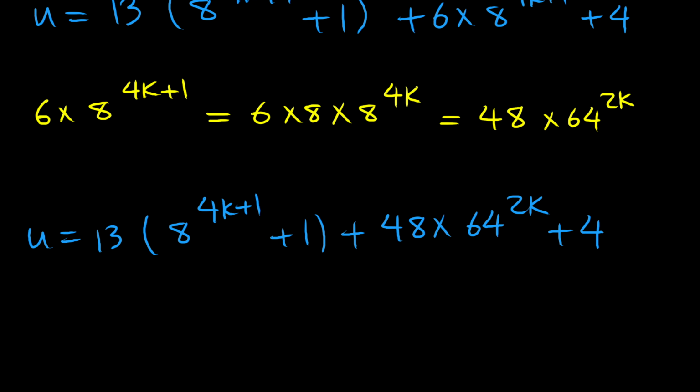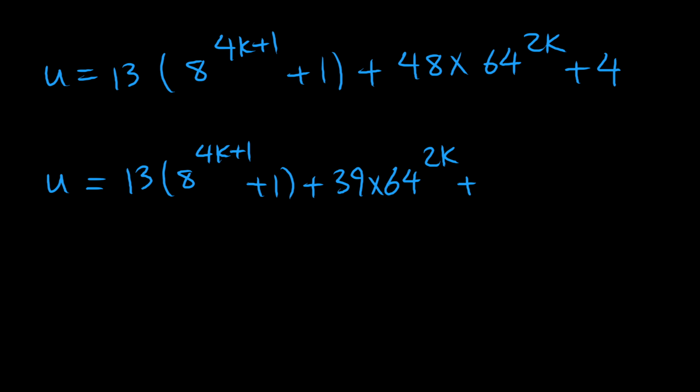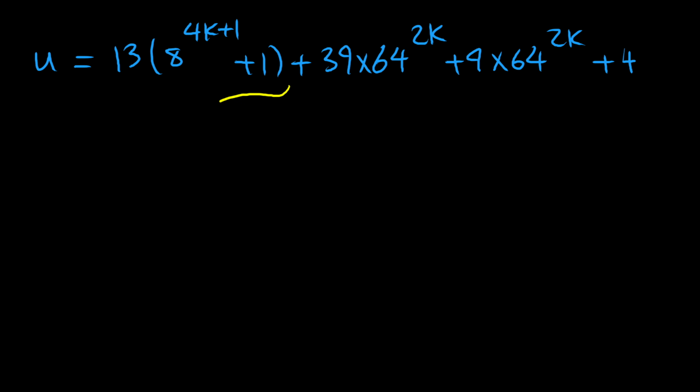So we're going to have u equals 13 times 8 to the power of 4k plus 1 plus 39 times 64 to the power of 2k plus 9 times 64 to the power of 2k, and then plus 4. Now, notice that both this and this are divisible by 13 because 13 and 39 are multiples of 13.